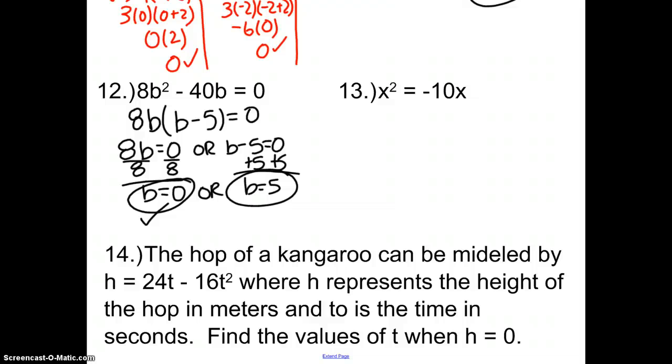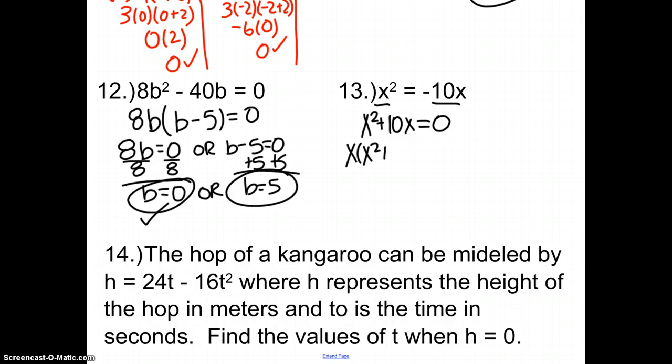And our last one, x squared equals negative 10x. Notice there's no equals 0. We need the equals 0. So if we move one term to the other side, by adding 10x, now we have an equation equal to 0, and we can factor that by pulling out an x from each term.